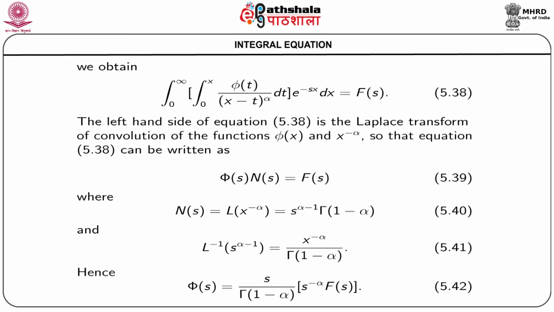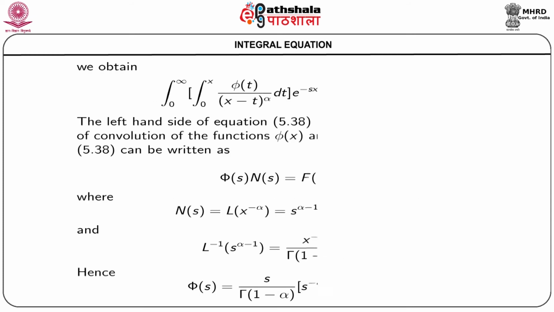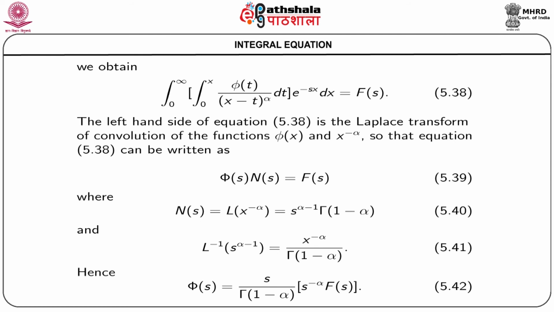Here capital F s is the Laplace transform of small f x, capital phi s is the Laplace transform of small phi x, and capital N s we denote as the Laplace transform of x to the power minus alpha.